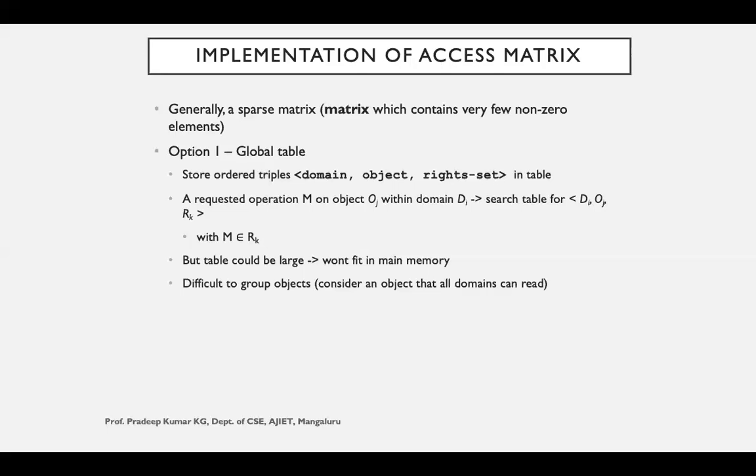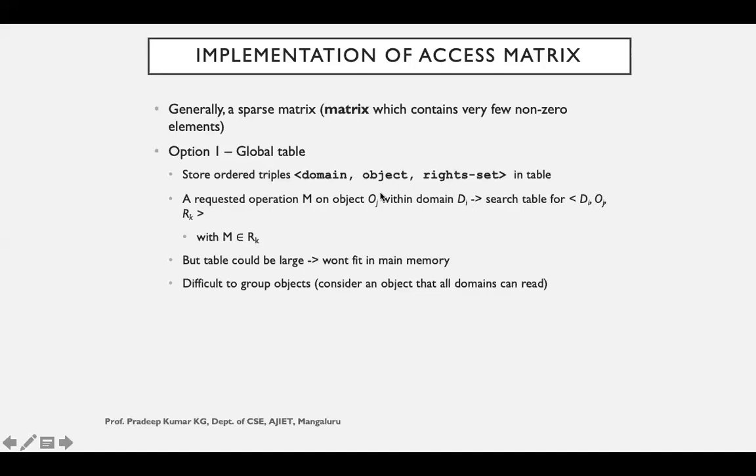So how can we enter this set of values? When there is a requested operation M on object Oj within domain Di, then we are supposed to search the table for Di, Oj, and Rk. For example, one particular domain wants to perform, say, a read operation on object Oj within domain Di.